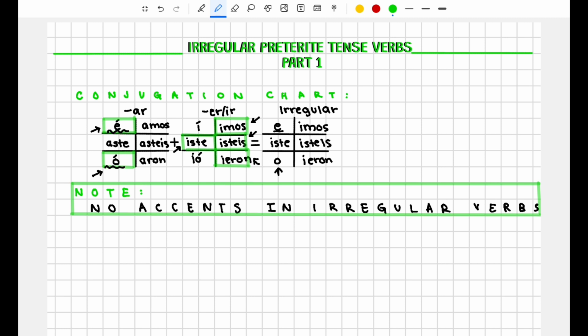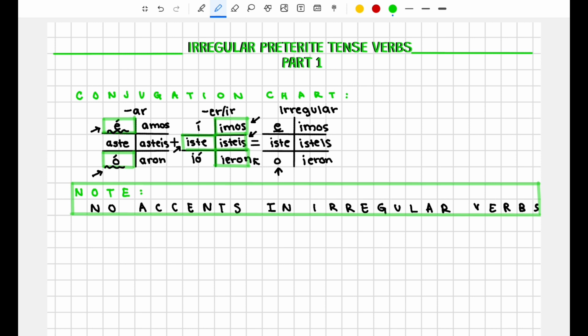We take the base, like e from AR, iste from ER, IR, o from AR, and so on. We never translate any of the accents onto the irregular charts. There's no specific reason, but we just don't.